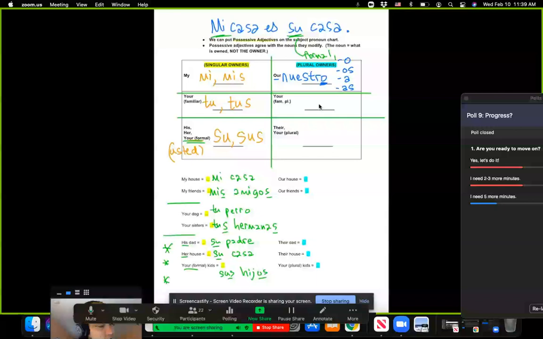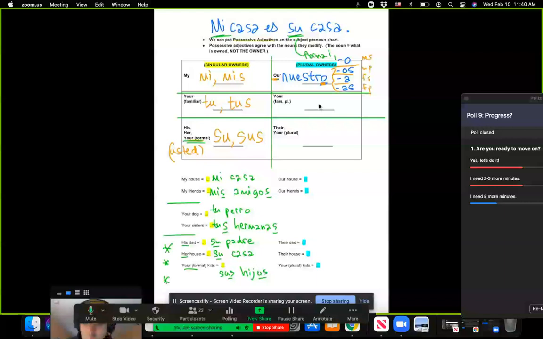All right. So we're going to change the ending just like we would with alto. Mis hermanas son altas. My sisters are tall, altas. All right. Nuestro, nuestra, nuestros, nuestras. All right. So we got masculine singular, masculine plural, feminine singular, feminine plural.